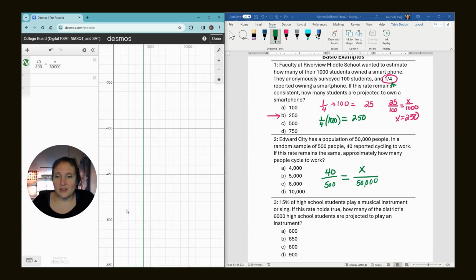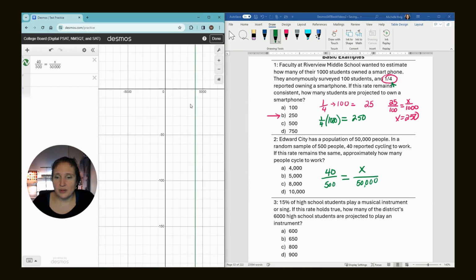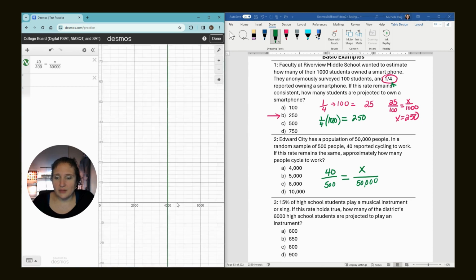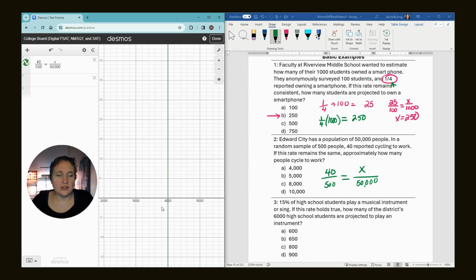Oh, we're in the negatives. Okay, there it is, right here. And we can see that the answer is 4,000. Now, the other thing you might have noticed is well, 500 times 100 is 50,000. So 40 times 100 is 4,000.